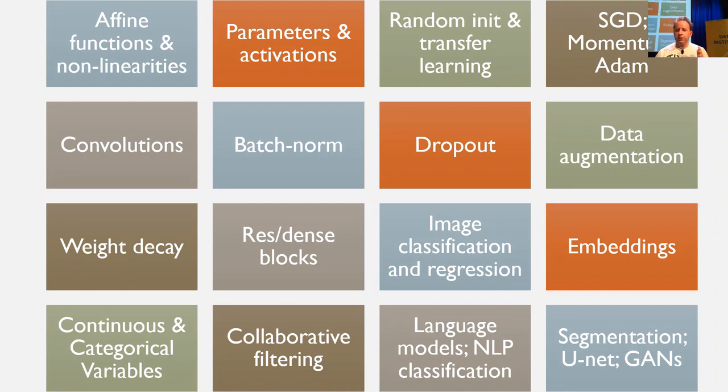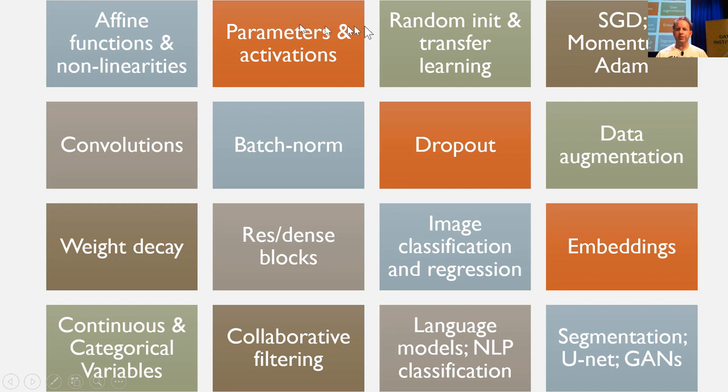Okay, so here's what we've learned so far in the course, some of the main things. Neural nets consist of sandwich layers of affine functions, which are basically matrix multiplications, a slightly more general version, and nonlinearities, like ReLU. The results of those calculations are called activations, and the things that go into those calculations that we learn are called parameters.